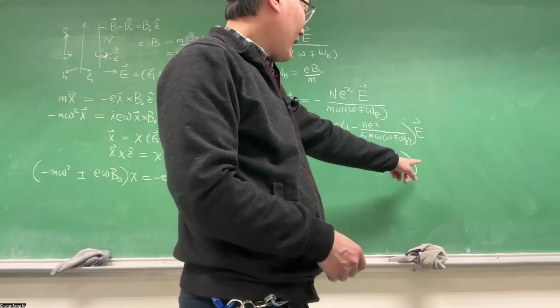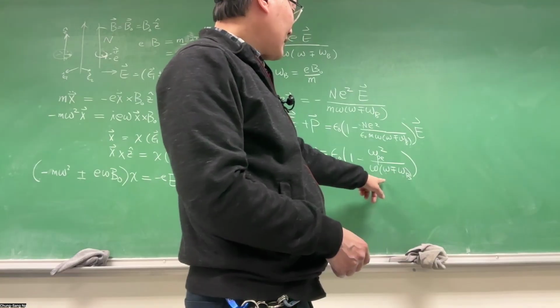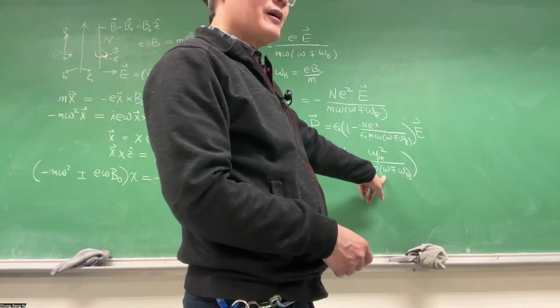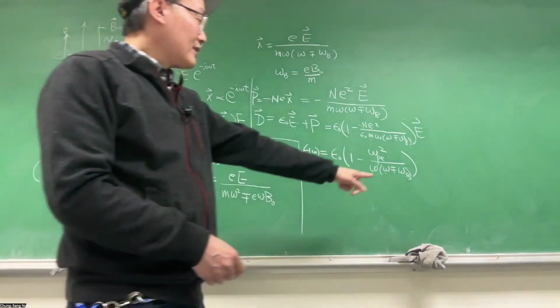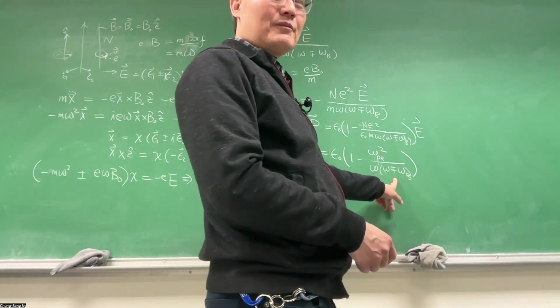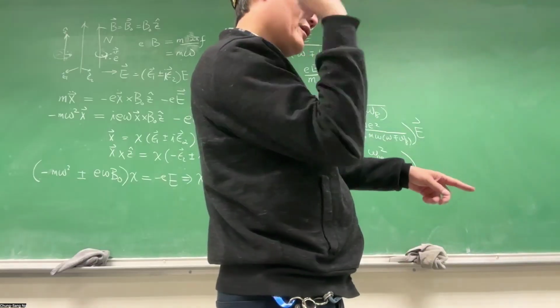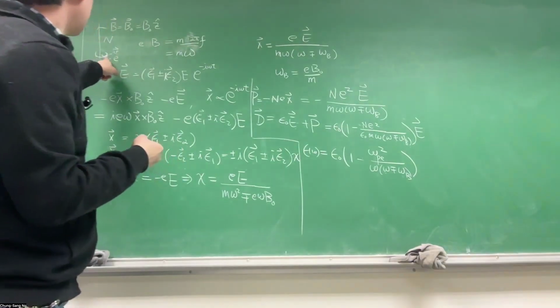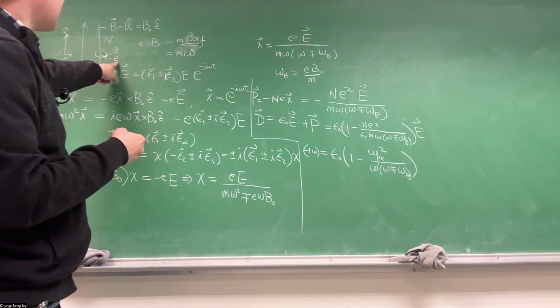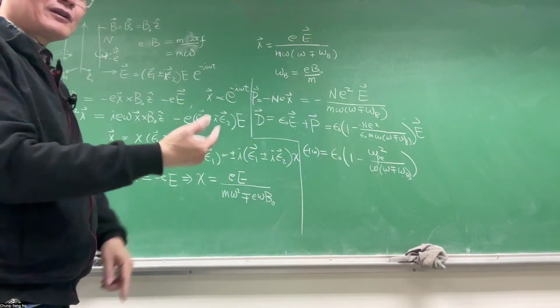Then you will have an extra term, and when omega equals the ion cyclotron frequency, the plus sign will resonate because ions move in the left-hand sense. If you change the sign of the charge, it will rotate the other way.